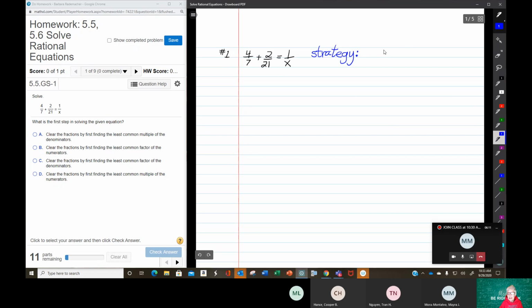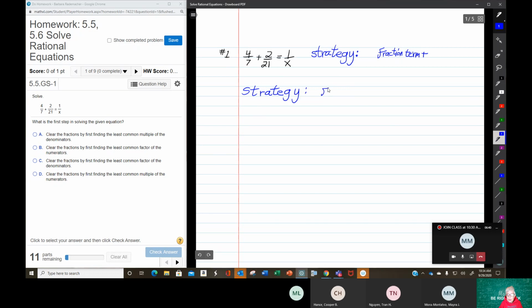If you have something like, okay, you've got a fraction term, I'm not going to have room, so let's go down here, strategy. We're going to use the same exact strategy for all the problems here.